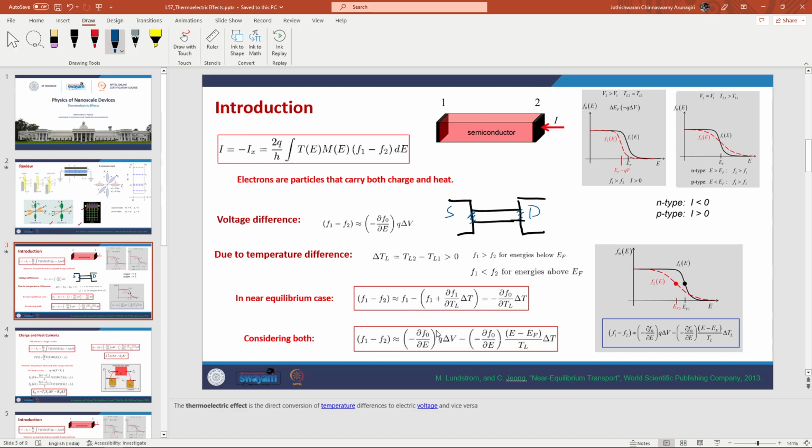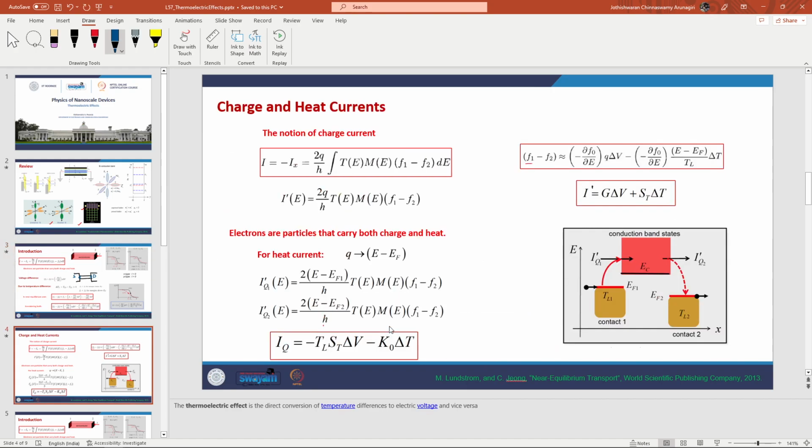Therefore, if we are looking at the realistic functioning of the device, this is essentially how we write the differences in the Fermi level, and therefore this is how we shall write the current that flows.